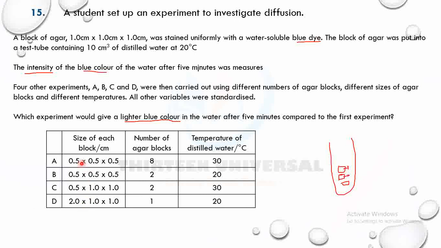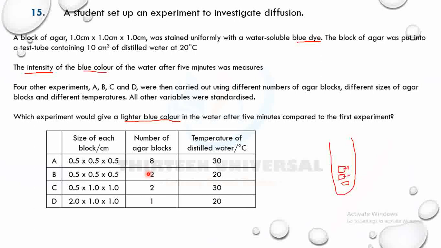If you check this, it has a higher surface area compared to this, which is just 1. Even though it has a lower surface area to volume ratio, there are 3 of them at the same temperature, so that means diffusion is going to be higher with 3 of them than with 2. D will be the least because it has a longer length and just 1 agar block, because the number of agar blocks also affects the rate of diffusion.